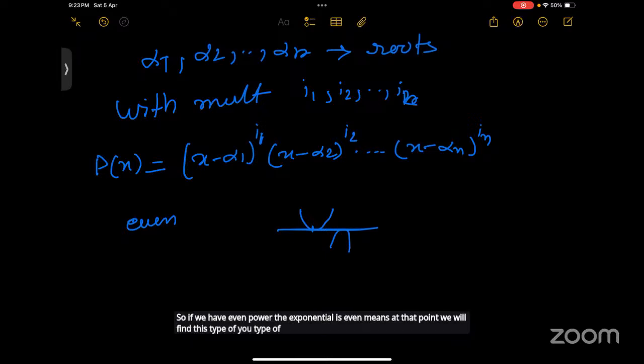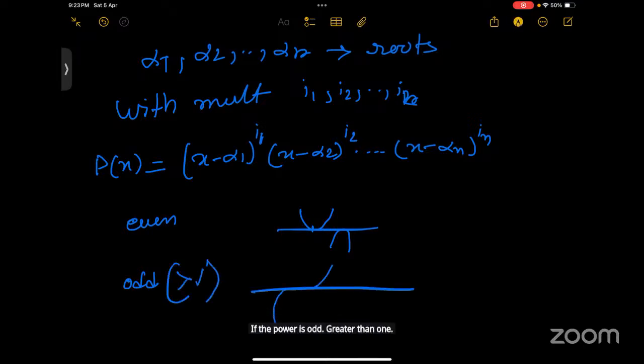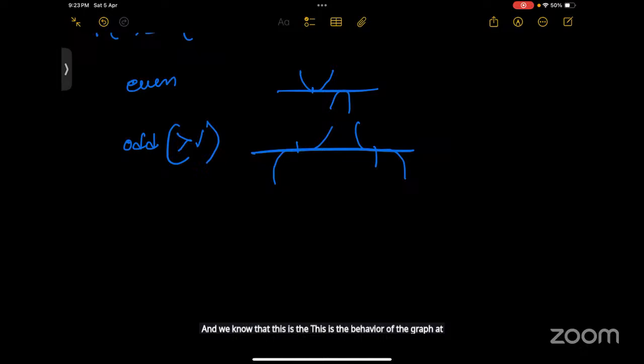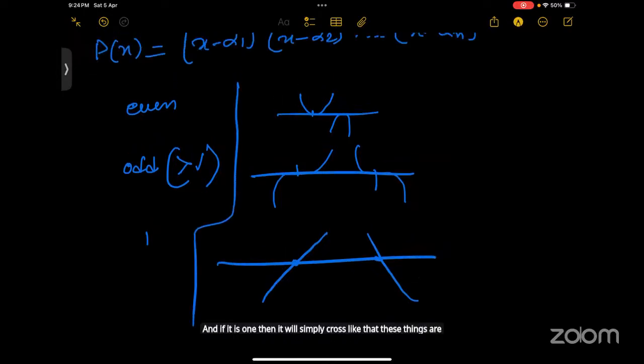If the power is odd and greater than 1, then this is the behavior of the graph at that point. And if it is 1, then it will simply cross like that. These things are known, right?